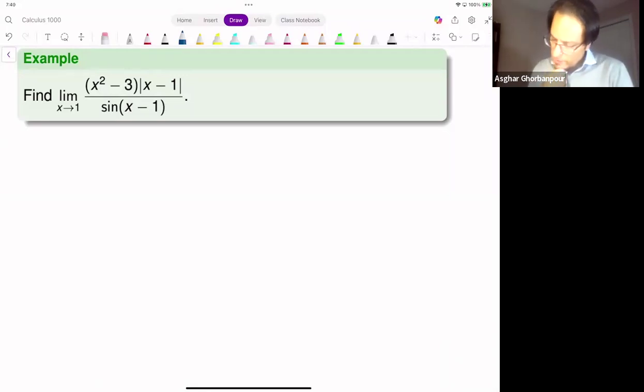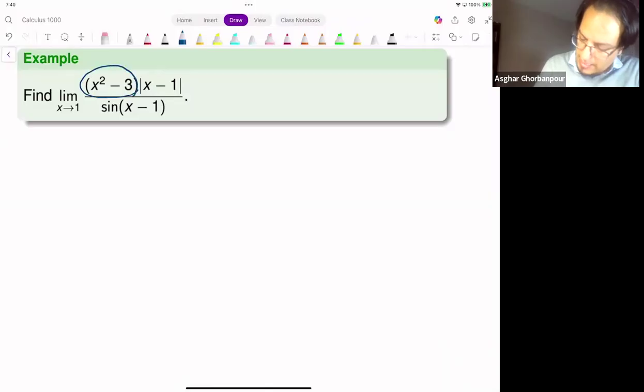So here we have to come up with a good way of presenting this result. But what you need to know is that there are two pieces in this limit that you should focus on. This is one, and this is the other part.